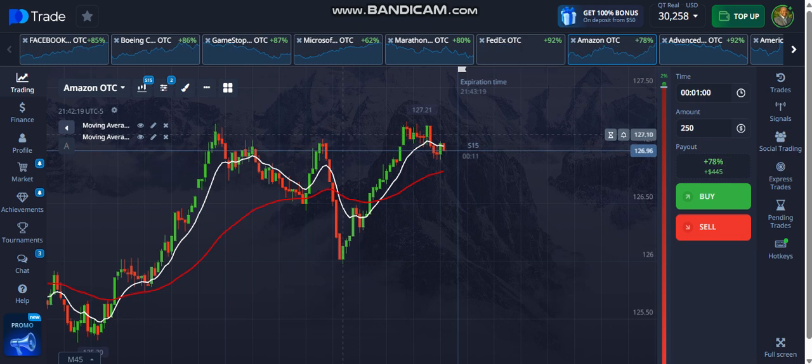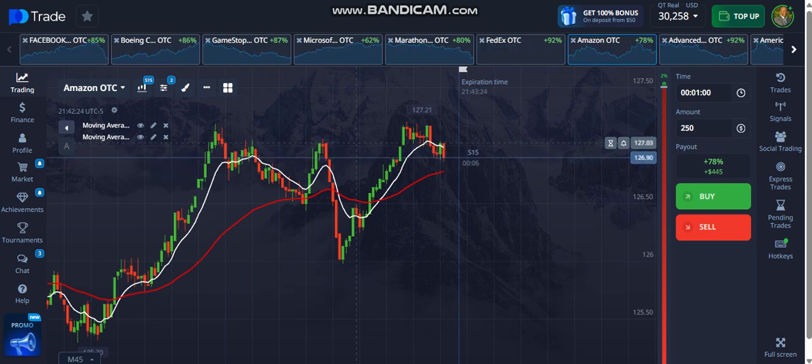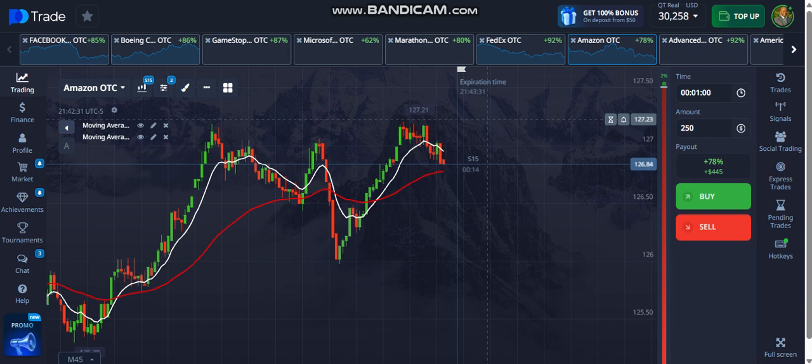So this is a situation where you don't want to take a trade like that. And sure enough, it didn't bounce off the 10 EMA.